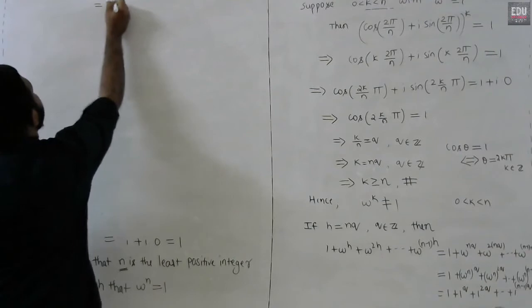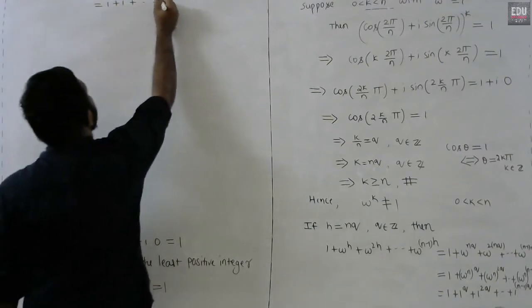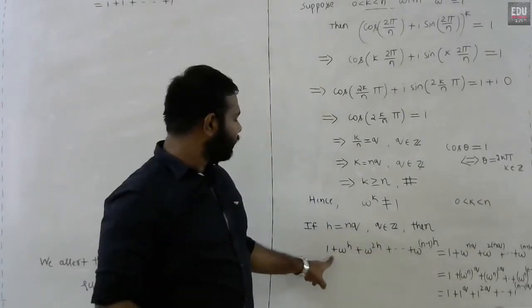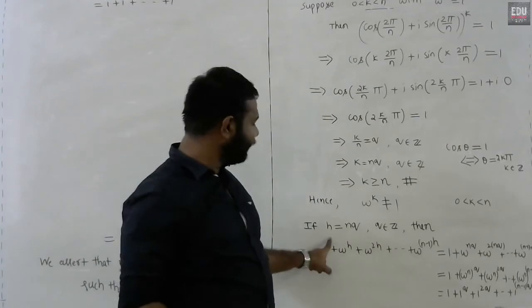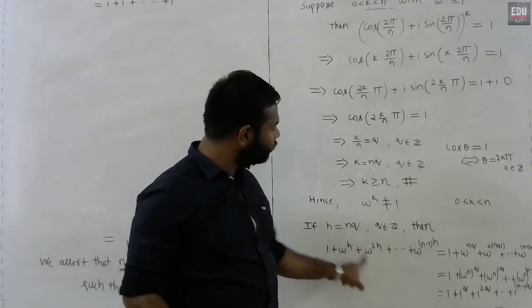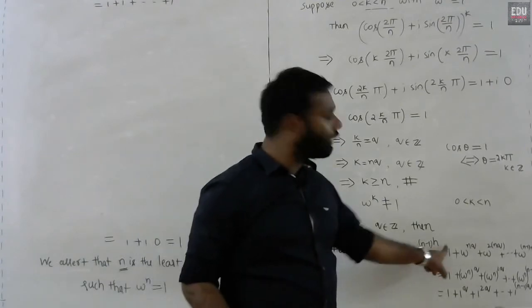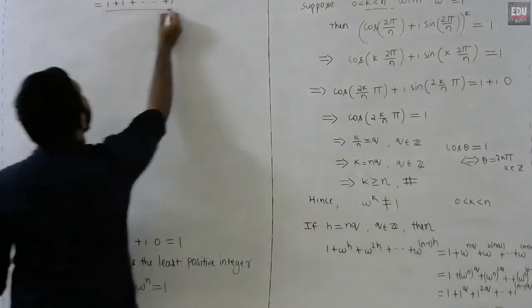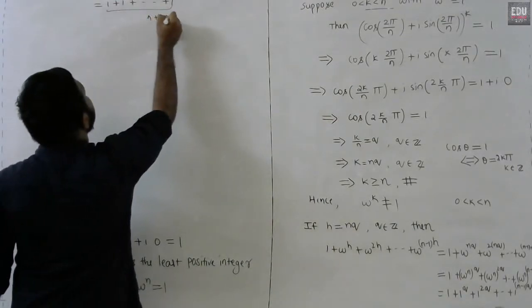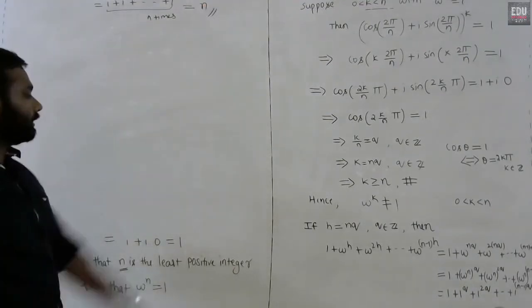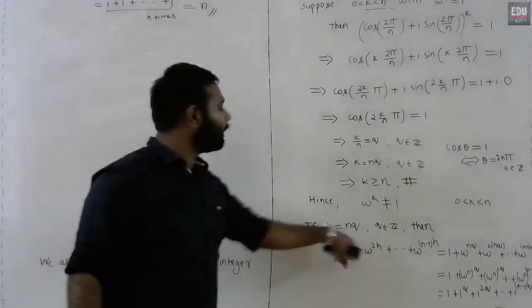So it is 1 plus 1 plus so on 1. So how many times? Each term reduces to 1. The power has started from 0: omega power 0 into h, omega power 1 into h, omega power 2 into h, up to omega power n minus 1 into h. So there are n terms. So 1 added n times, so it will be n. So the value of the sum is n if h is a multiple of n.